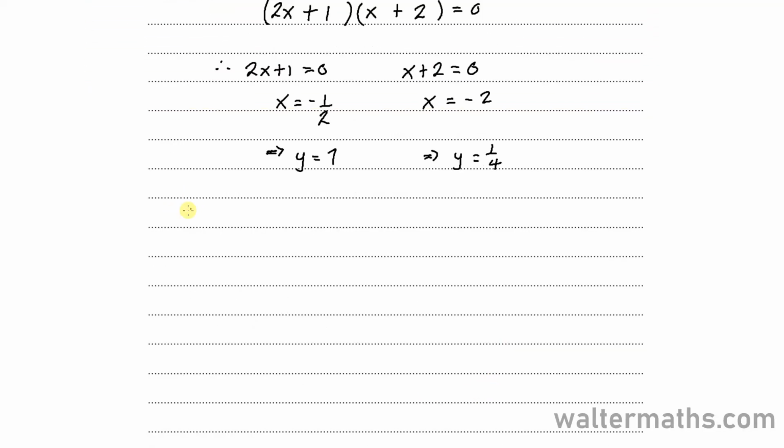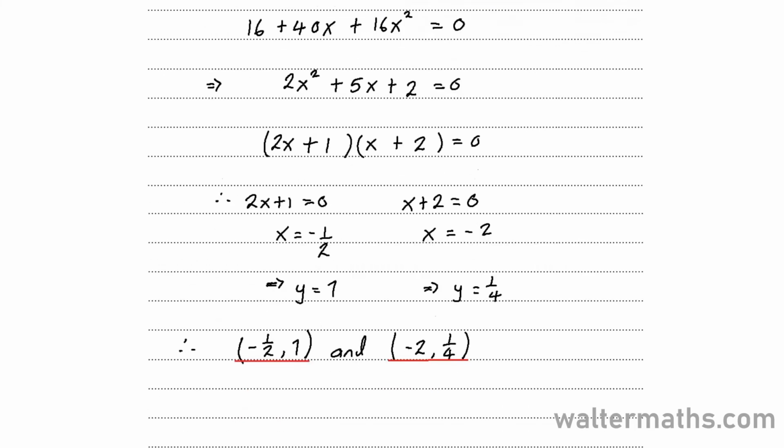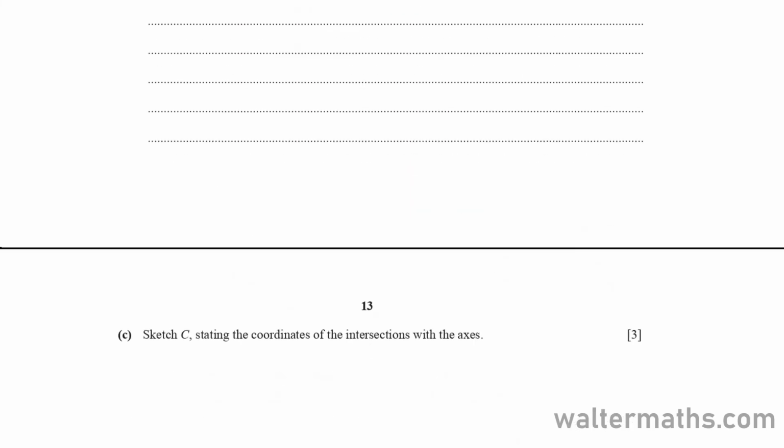So for the coordinates of the turning points, we'll be saying that's (minus a half, 1) and we also have (minus 2, a quarter). So these are the two coordinates of the turning points. So that's it for this question. Let's go on to the next one.